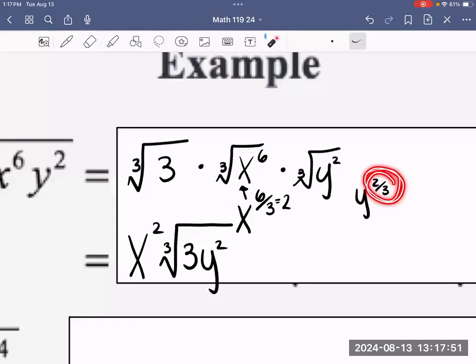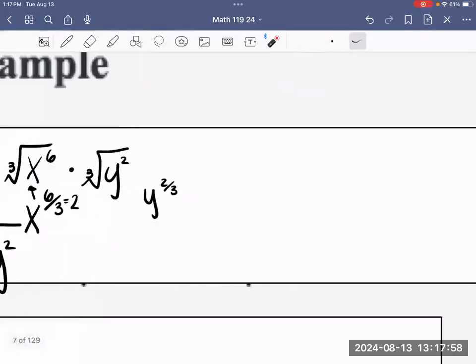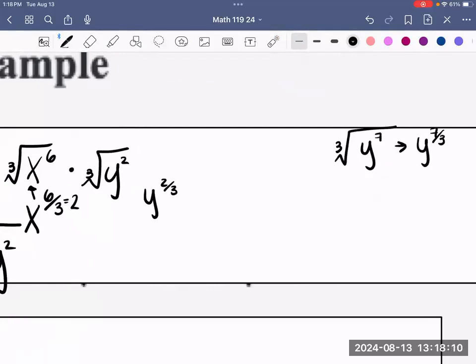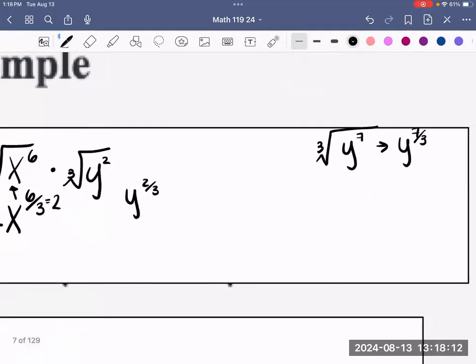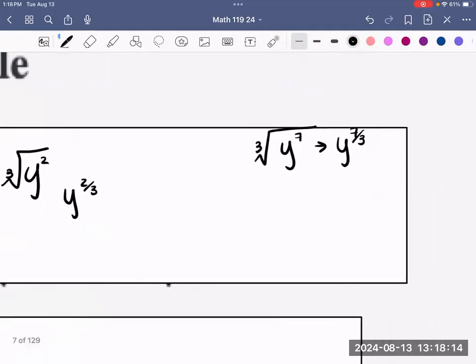We will be talking about what to do if this was something like a 7 or an 8, which I'll just cover here briefly. Let's just say this is y to the 7 over 3. If we create a mixed number, how many 3's can fit into this 7? Well, this is really 2, and then as a remainder, it's 1/3.